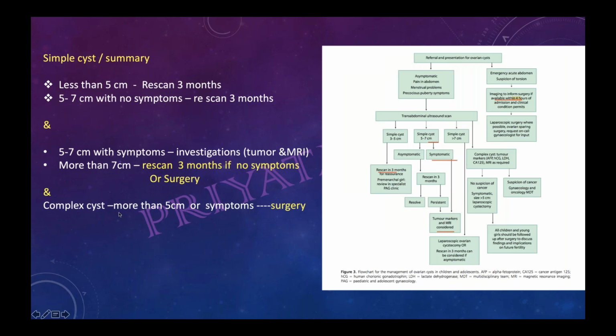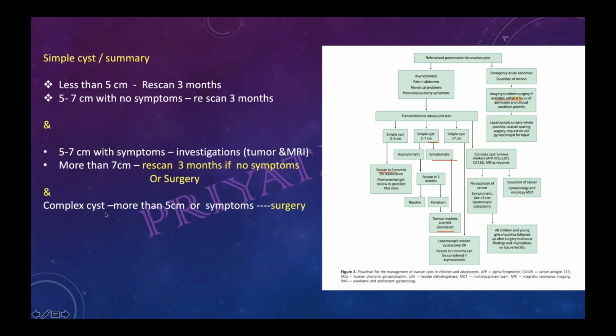Okay. So now the take home, what you can remember: if it is a simple cyst up to 7 centimeters and she is asymptomatic, you will call for a rescan. If symptomatic, then you will go for surgery. So 7 is the cutoff for a simple cyst.